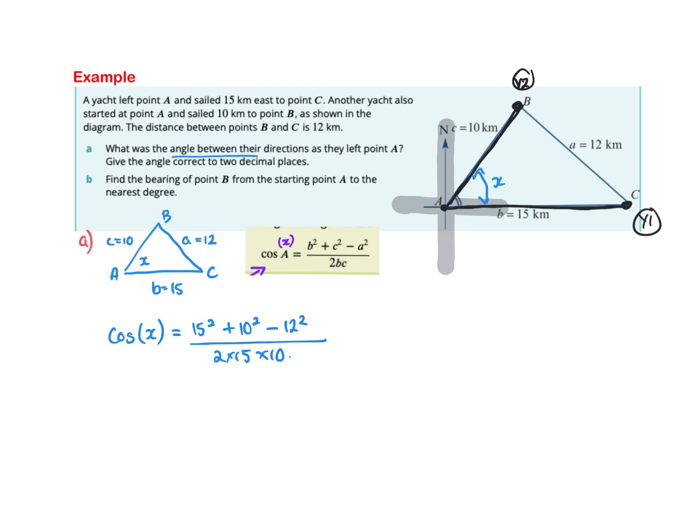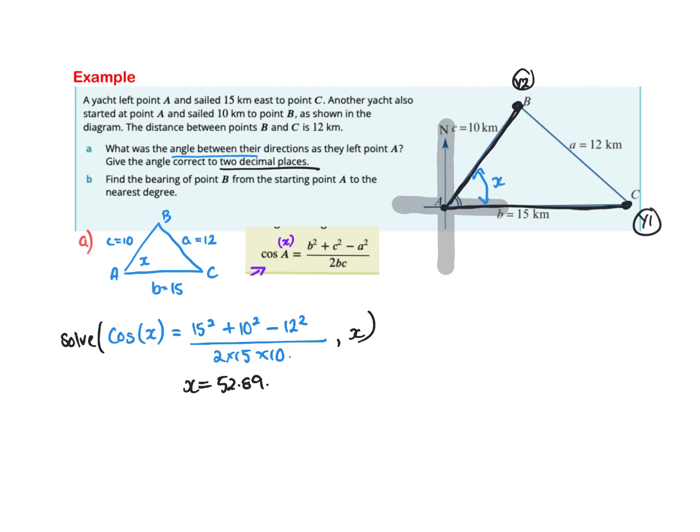We should already have this on our calculator from the one before, so just go up and copy it, then edit it and change it to the numbers that you need, and comma x. Now they're saying 2 decimal places in the question, so let's find out what that is. I've found that to be 52.89.